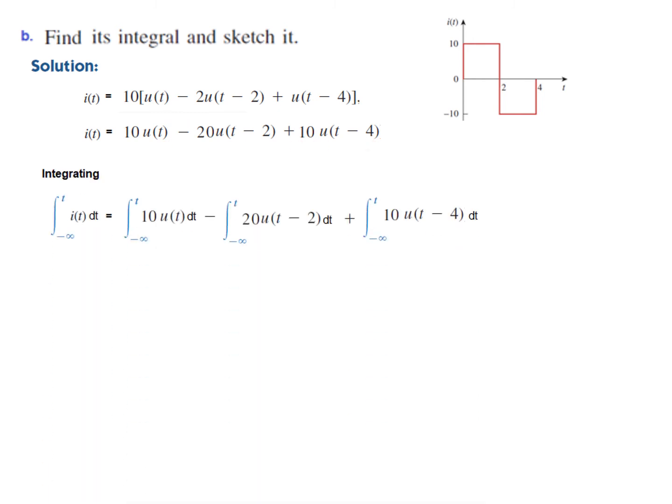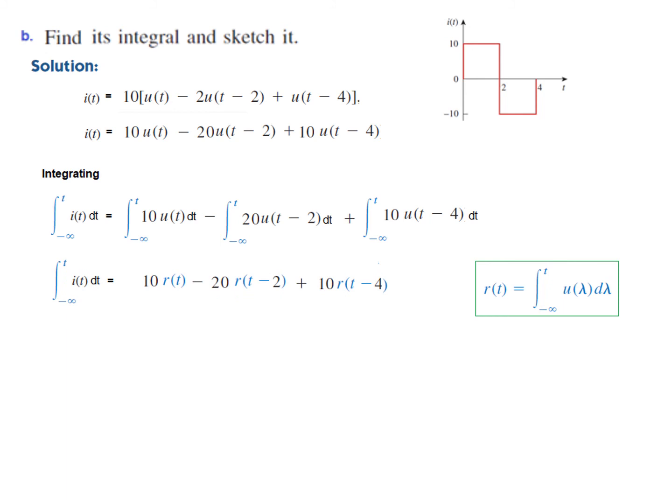Now we take the integral of all the terms individually, and we'll apply this formula for the ramp function: r(t) is the integral of u(λ) dλ. So we can write all these in terms of the ramp function. 10 u(t) will now become 10 r(t), 20 u(t-2) will become 20 r(t-2), and this will become 10 r(t-4).